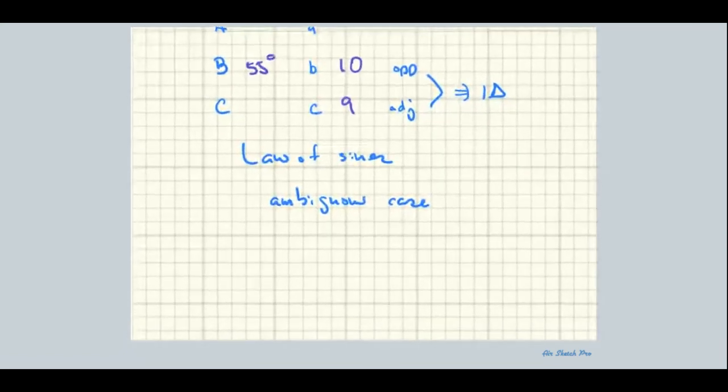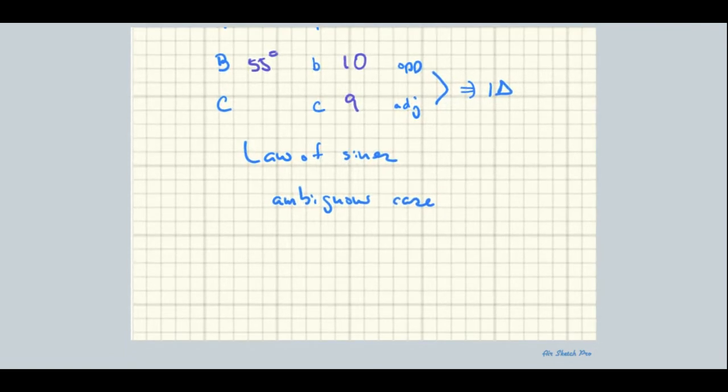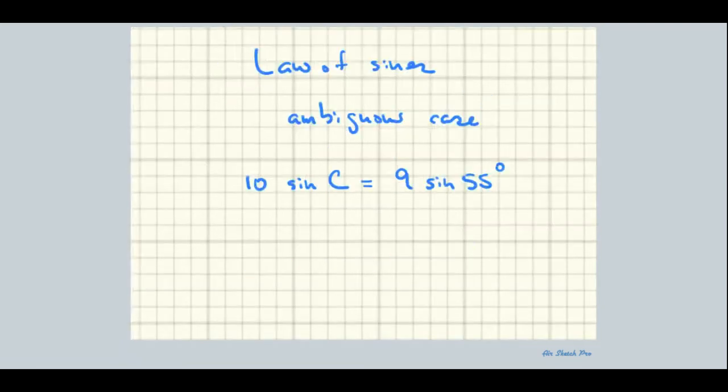First of all, looking at my crisscross, the sine of angle C over 9 is the sine of 55 degrees over 10.